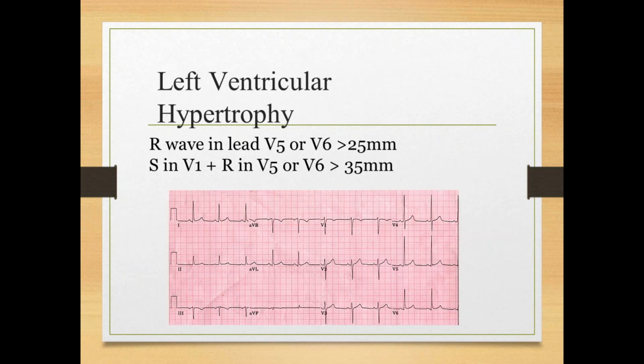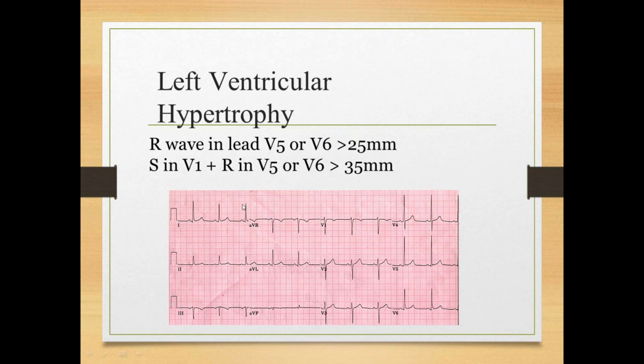Now coming to left ventricular hypertrophy. There are many criteria for LVH. You can choose any one criterion, whatever is comfortable for you, and calculate the LVH. One criterion is R wave in lead V5 or V6 being more than 25 millimeters.